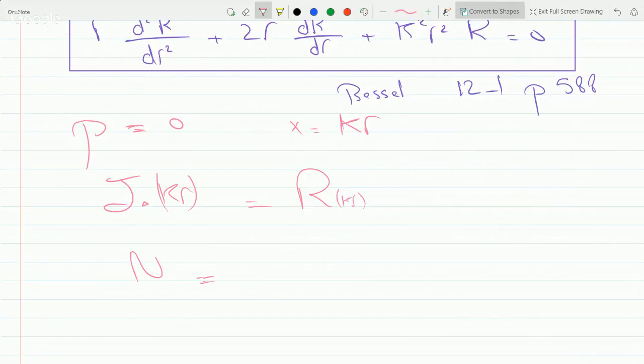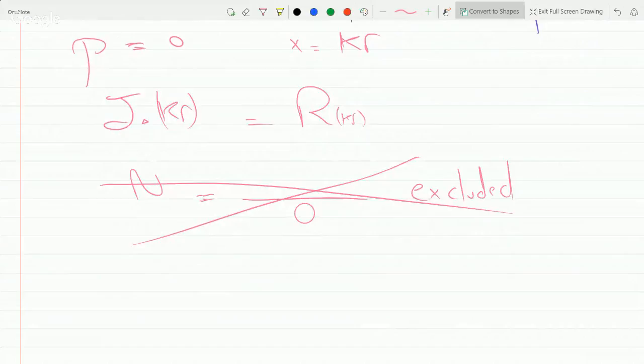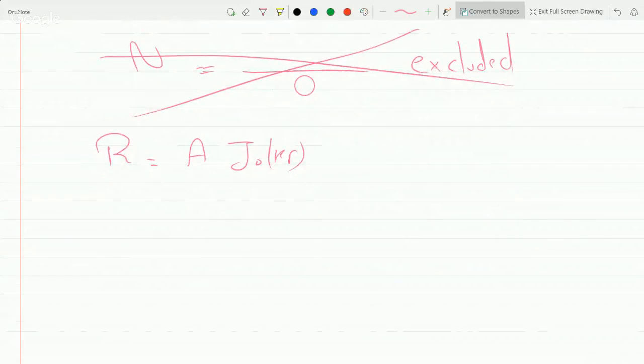I believe the other solution is something over sine 0, so it is excluded. So there's only one solution, which means R is equal to some constant A times J0(kr). That's the function.